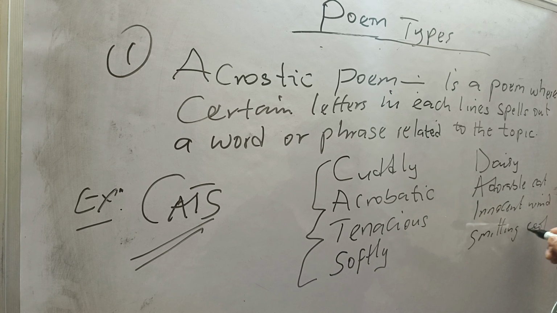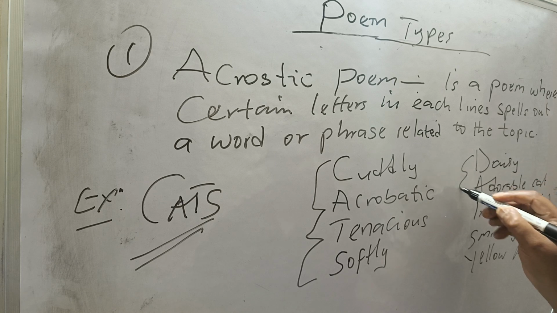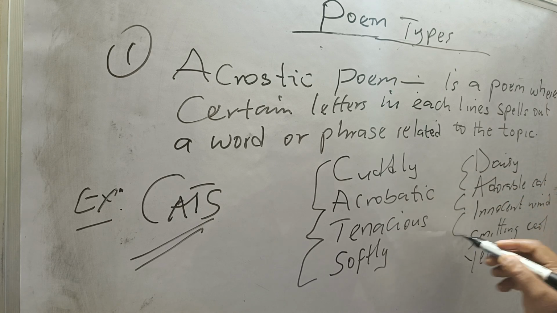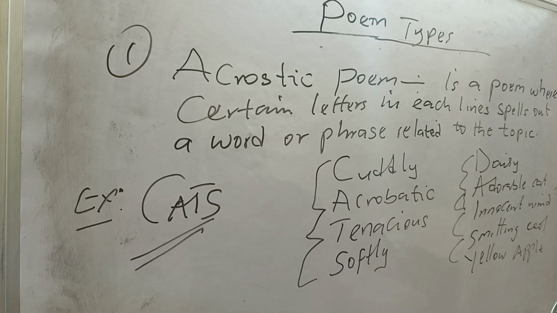It doesn't really matter what you write, but it has to be arranged to form the topic. So Y could be yellow apple, for example. So D-A-I-S-Y forms Daisy. So it's like that. Let's take a look at another one.